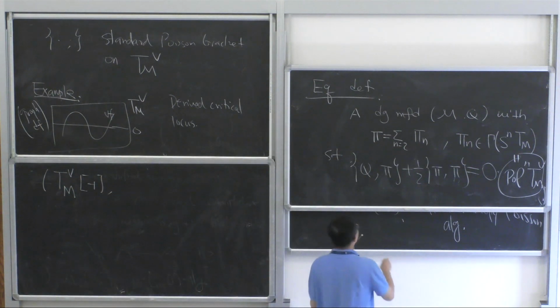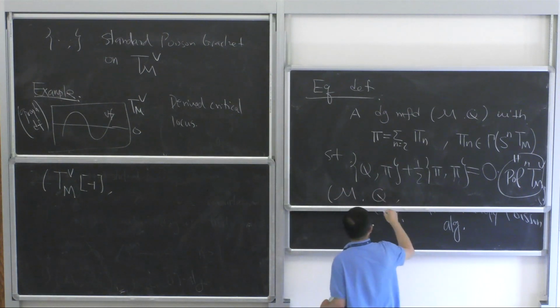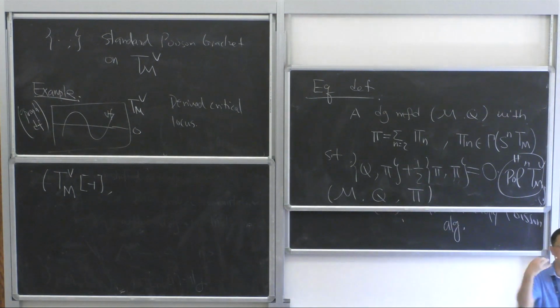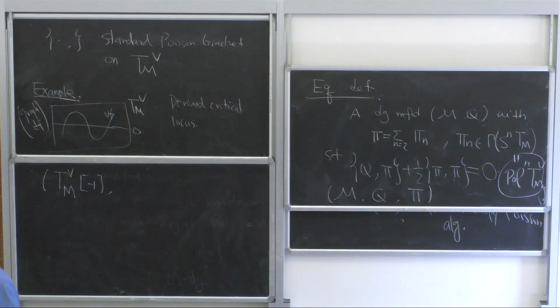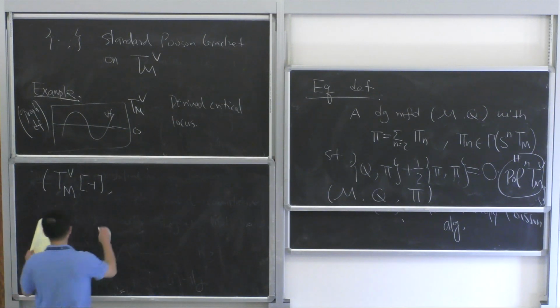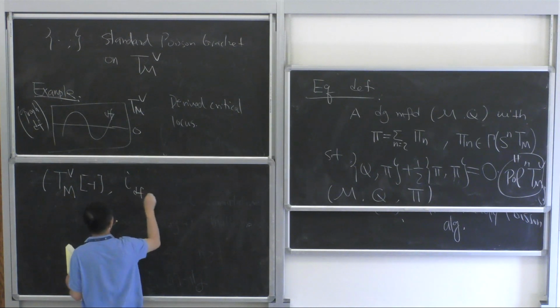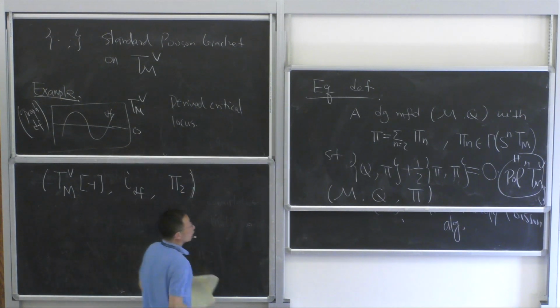Let me write down the notation here. This is M, Q, and pi. Sometimes you can put Q and pi together because Q is just a vector field, and pi is pi 2, pi 3, pi 4, so all those are similar. But sometimes you want to separate them to emphasize that I have a homological vector field here. Q is just contraction with dF. And here you have pi 2, so there is only one term.